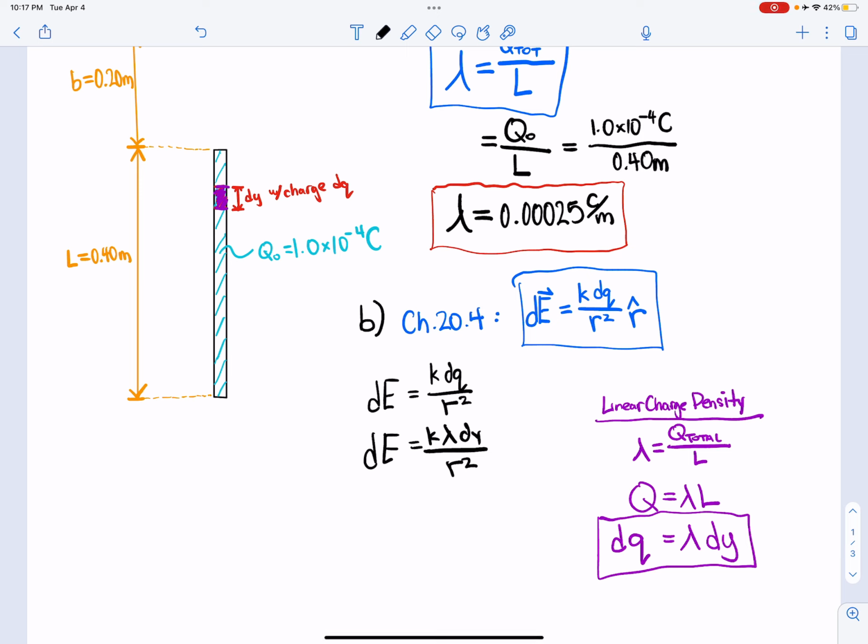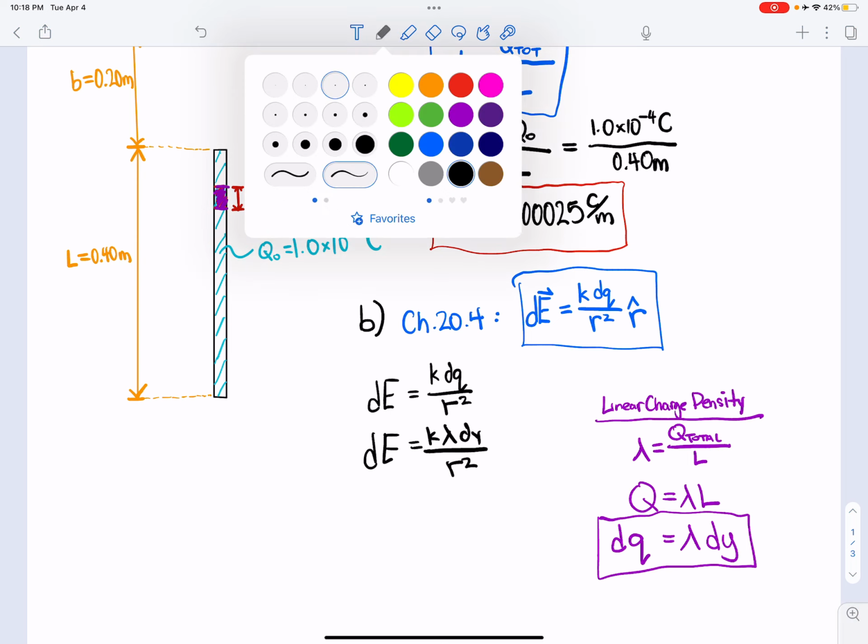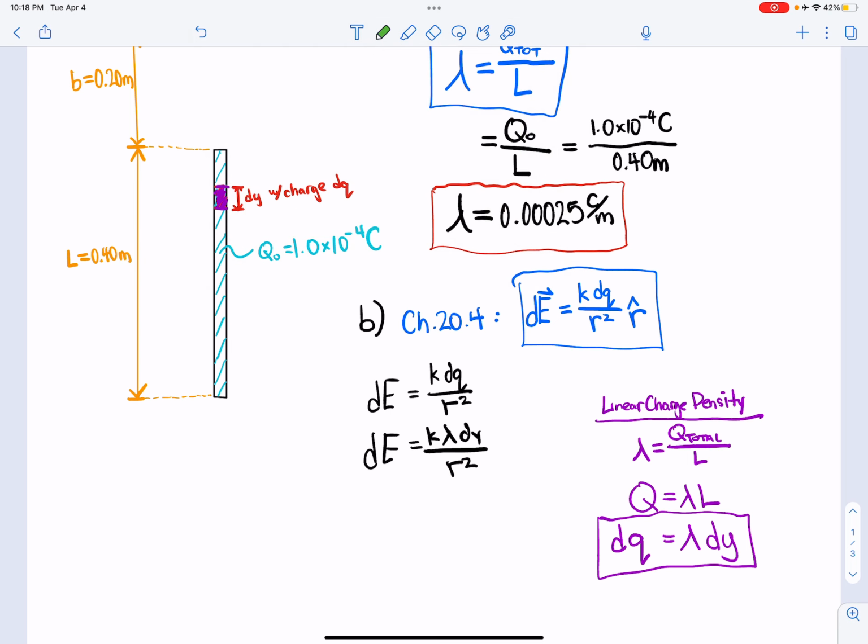What is r squared right here? What is r squared? R squared right here is, r is the distance between charges.